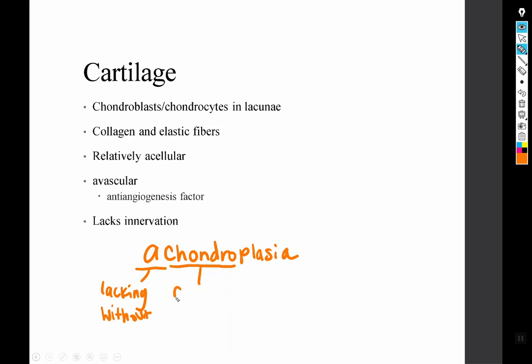And you might or might not know, but you will learn that plasia or plasis is a root or word part in medical terminology that we use to describe cell growth and proliferation. So if you put all that together, achondroplasia means lacking cartilage, cell growth, and proliferation.